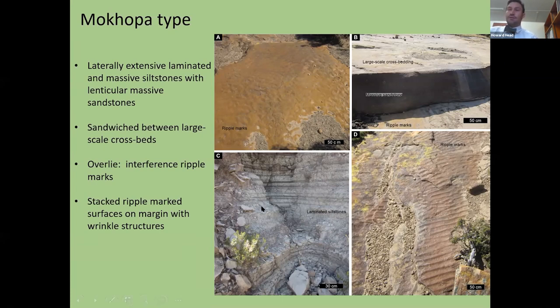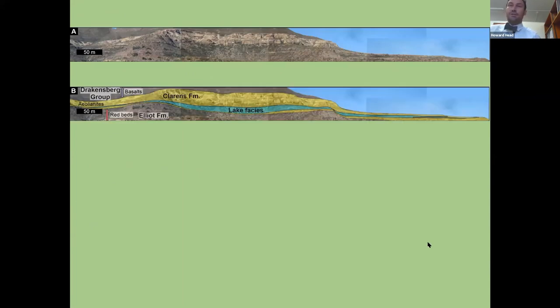Then looking just here, we can see these laminated siltstone, these stacked ripple mark surfaces, which do indicate this occurs towards the edge of these siltstones. So when looking at these specific outcrops, we can see the geometry of the lake site in the outcrop having a thick middle that tapers out towards the edges.